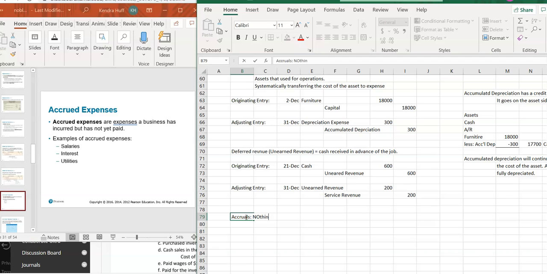Okay, accruals means that nothing has yet been recognized for a particular revenue or expense. All right, so that means that there is no originating entry.